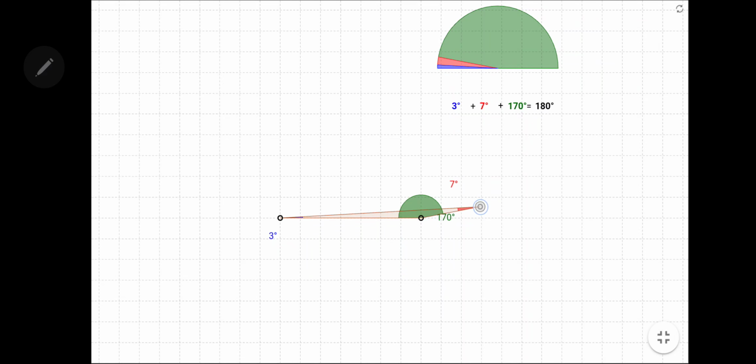And I can go way down here to where I have a really huge green angle and really tiny purple and red angles. Or I can go back the other way. But look what happens to the sum as I'm moving it. Nothing. Because as the angles change, the others adjust. I can have a 90-degree angle right here, where the purple is the 90-degree angle.